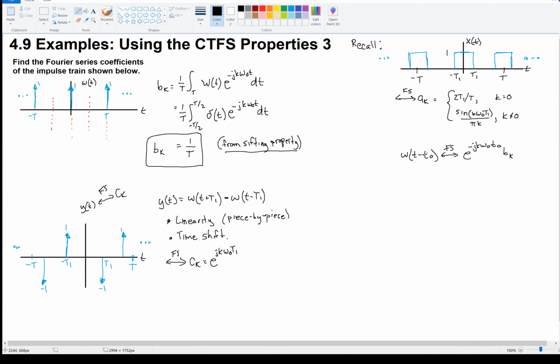So for minus t0, we put a t1 in, and so we get this, times the Fourier series coefficients of w, which we were calling the bk's. So again, this is the time shift property.